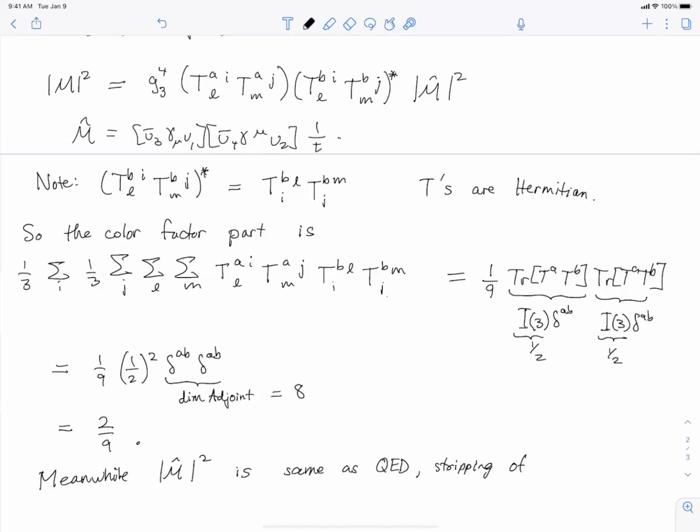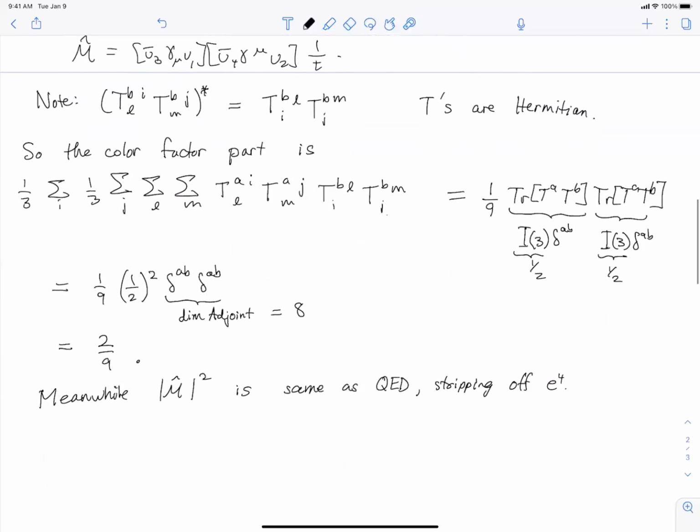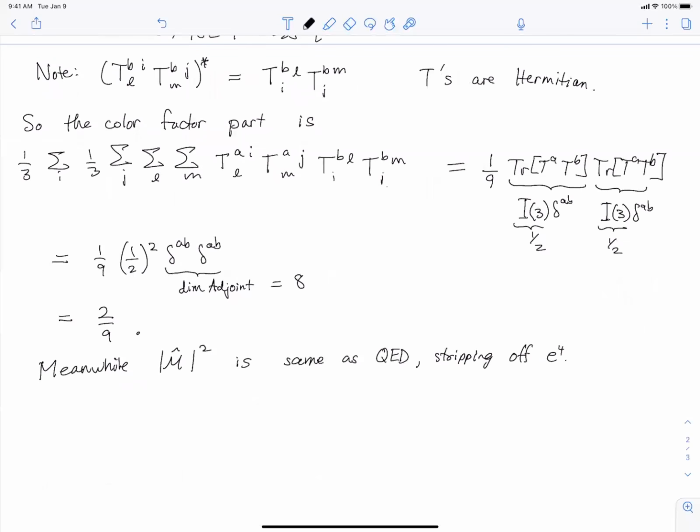So stripping off e to the 4th, that came in QED. And so we get the final answer for the reduced matrix element squared.